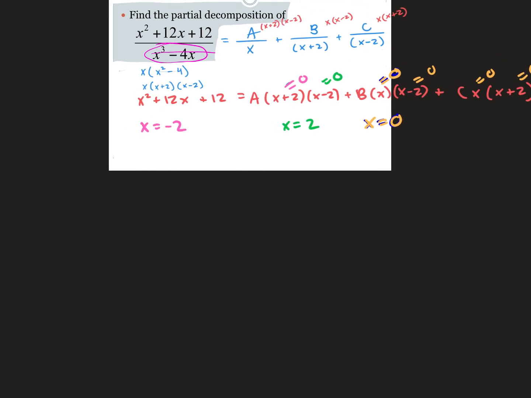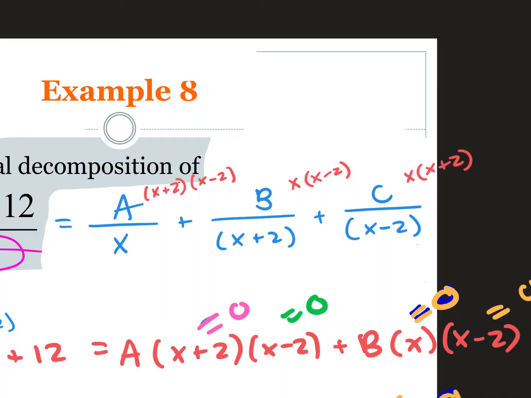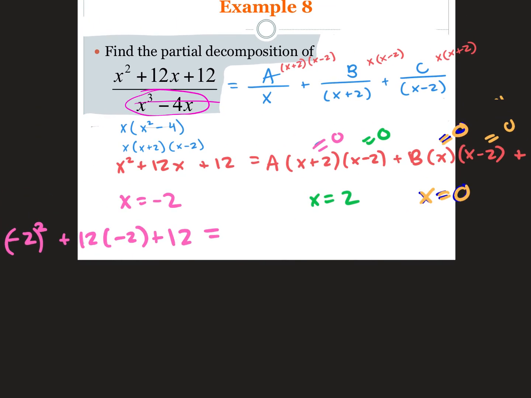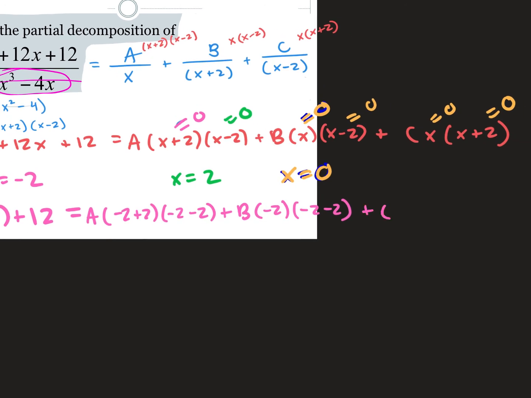So I have -2 squared plus 12 times -2 plus 12. Okay, so then this is equal to A times -2 plus 2 times -2 minus 2, plus B times -2 times -2 minus 2, plus C times -2 times -2 plus 2.